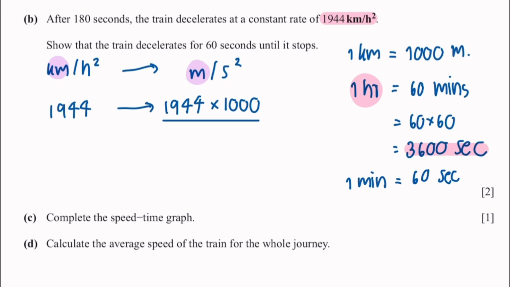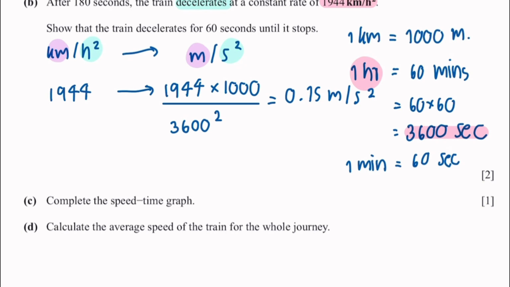Then convert hour squared to second squared. 1 hour equals 3,600, and because this is squared, you will put the square on 3,600, and you will get 0.15 meters per second squared, and this is the train's deceleration.